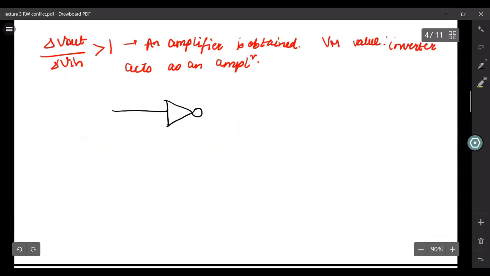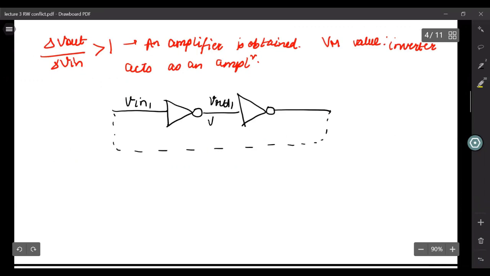It's a cross-coupled inverter pair. Its input is connected to your output. Let us say this is Vin1, this is Vout1, which is equal to Vin2, and we have this Vout2, which is equal to Vin1.